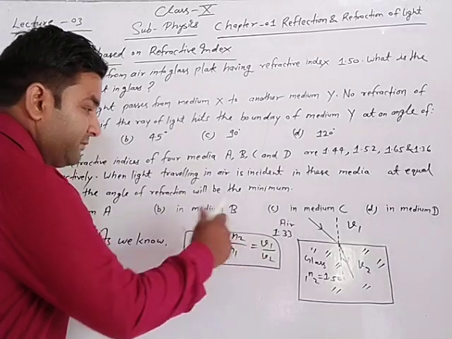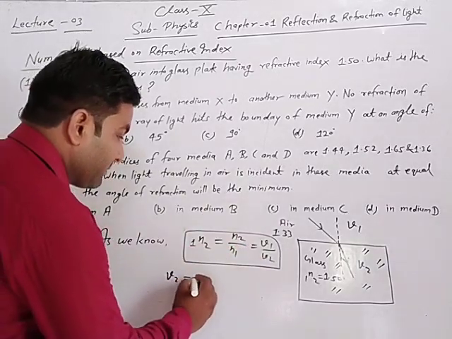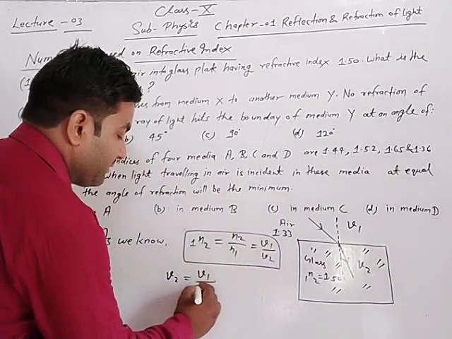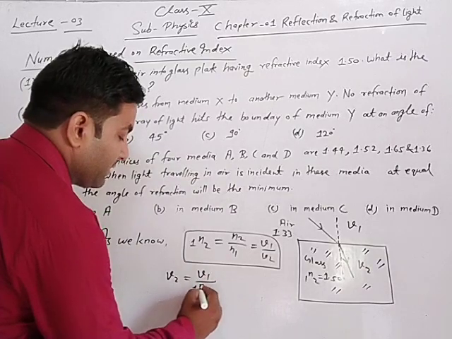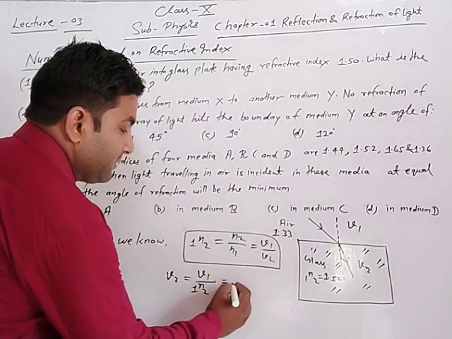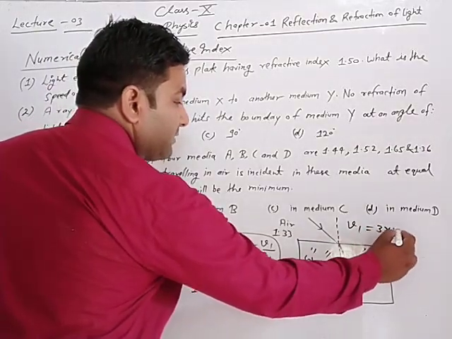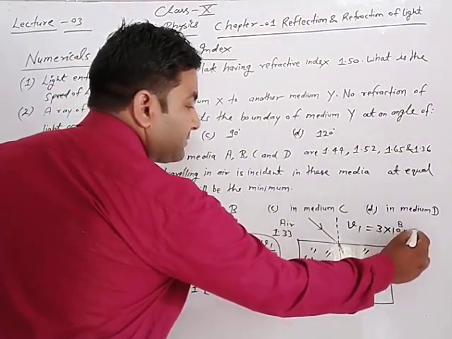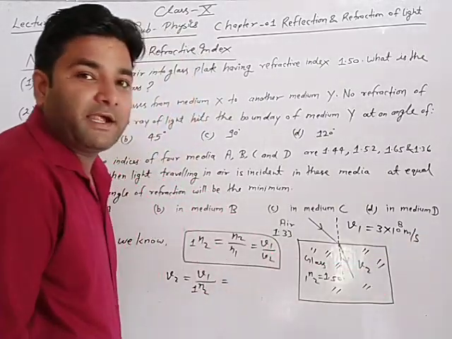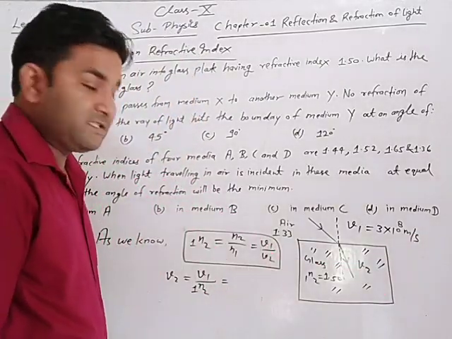So we have to calculate V2. So V2 is equal to V1 upon 1n2, and the value of 1n2 is 1.50, and V1 is the well-known speed, 3 into 10 power 8 meter per second, the speed of light in air. Very easy concept.